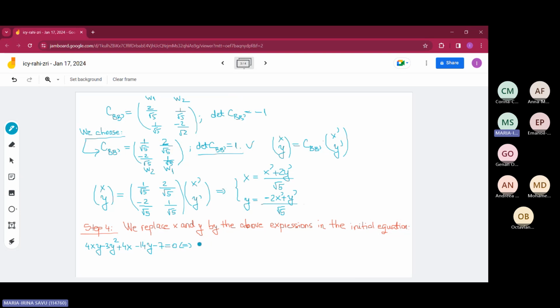And let's make the computations. We have 4 times this product, minus 3 times this one squared, plus 4 over square root of 5 times this one, minus 14 over square root of 5 times this one, minus 7 equals 0.